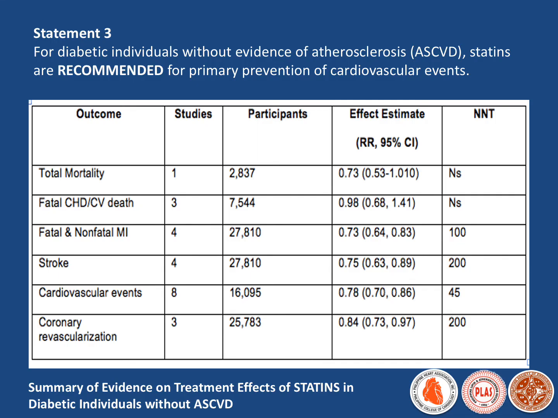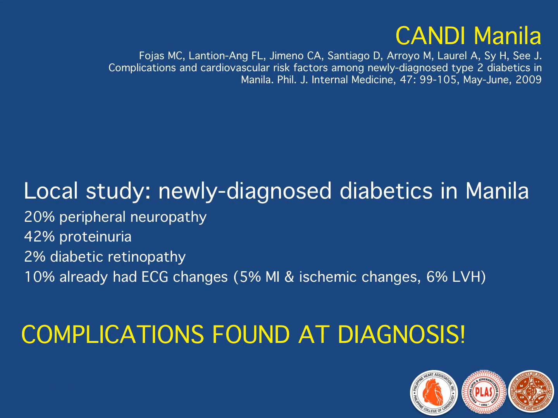The basis for that recommendation, aside from all the evidence that we had looked at, is that even among relatively newly diagnosed individuals, within a year after diagnosis, we found that as many as 10% of them already had ECG changes, and 5% already had MI and ischemic changes on their ECG.